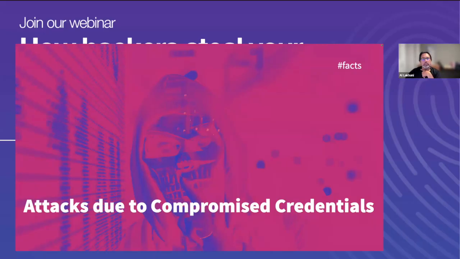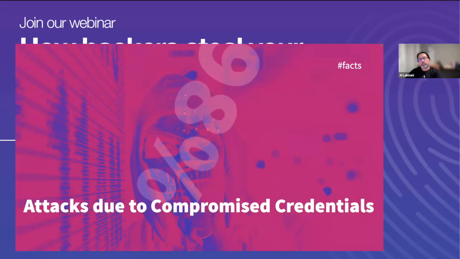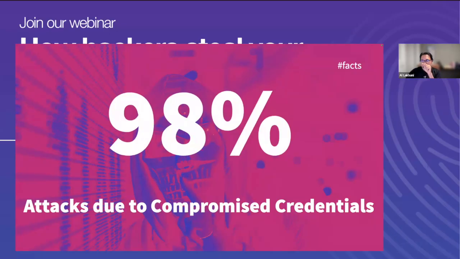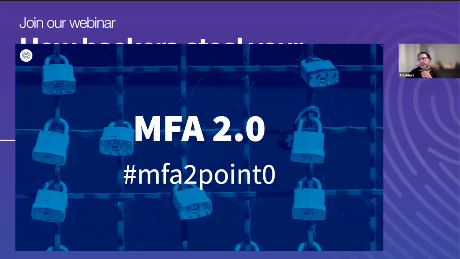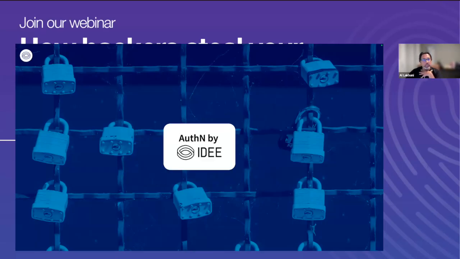If I can go to the next, there you go. MFA 2.0 was designed to prevent every single one of these attacks. That's the beauty of it. Some people will call it next generation. We call it MFA 2.0. And that is exactly what we sell.